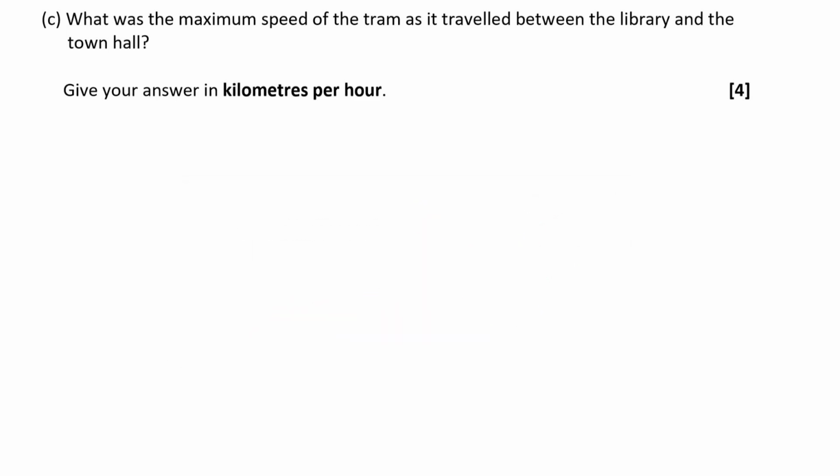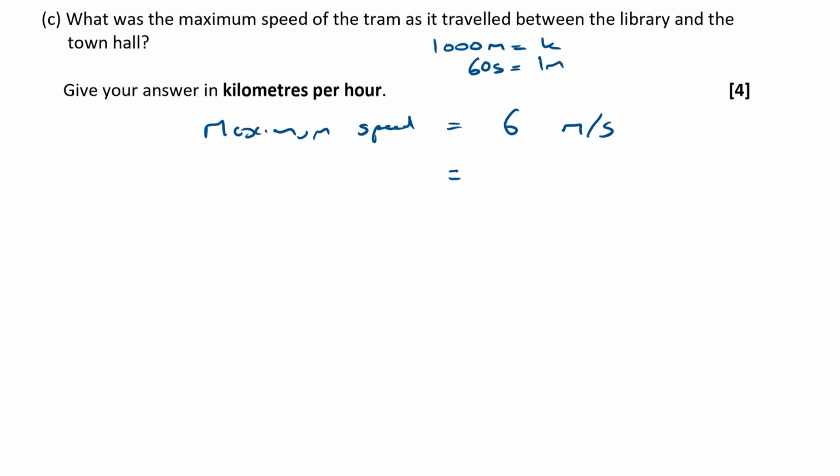Okay, so maximum speed is equal to 6 meters per second. So now we need to convert meters per second into kilometers per hour. Okay, now there are 1,000 meters in a kilometer. There are 60 seconds in 1 minute, and we've got 60 minutes in 1 hour, haven't we?